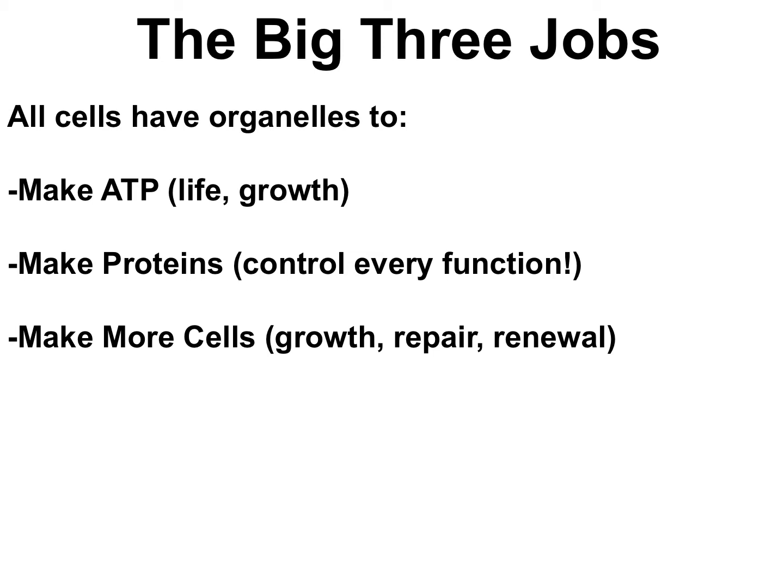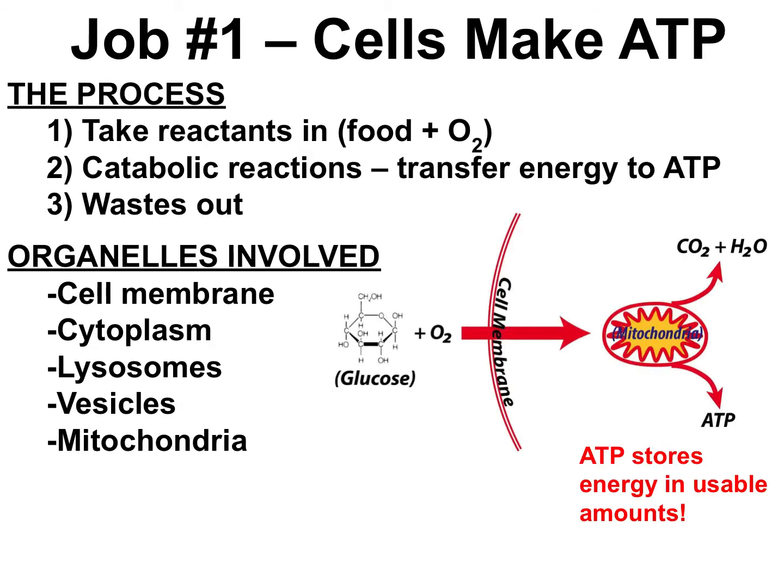Rather than just go through an isolated laundry list of organelles, I want to focus on how organelles work together to accomplish these three jobs that every cell does. All cells make ATP, all cells make proteins, and all cells make more cells. The focus of this video is how cells make ATP, and I want to talk about how cells make ATP by breaking this process down into smaller processes.